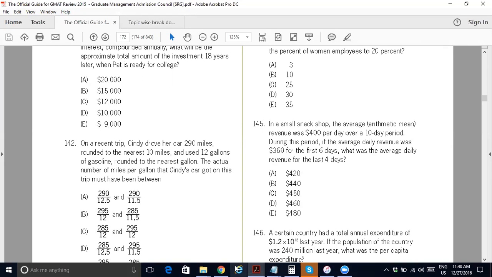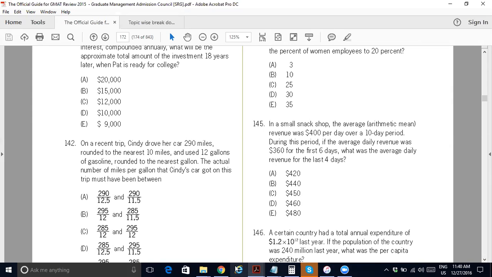It should not be that the overall average is given for a 12-day period and you are taking the two quantities as first 5 days and last 5 days, in which case there is a loss of 2 days in the center. So there should be no loss of data and no overlap. Only then will alligation work. Only then can you solve by using the normal method as well, that is n1 x1 plus n2 x2 divided by n1 plus n2.